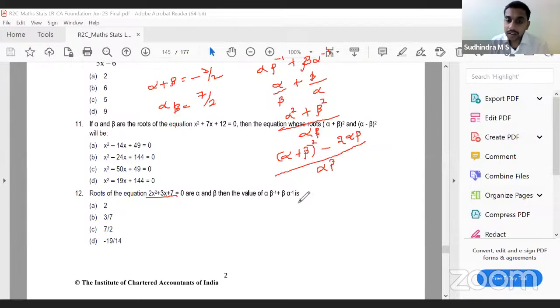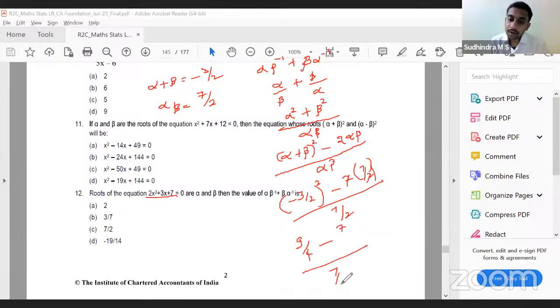Alpha plus beta is minus 3 by 2, so minus 3 by 2 square minus 2 times 7 by 2 alpha beta, divided by alpha beta, which is 7 by 2. Minus 3 by 2 square is 9 by 4, minus 7, divided by 7 by 2.